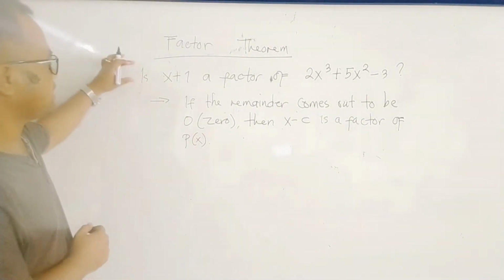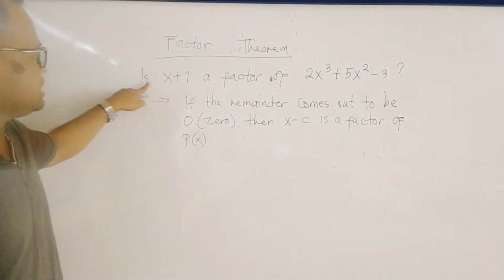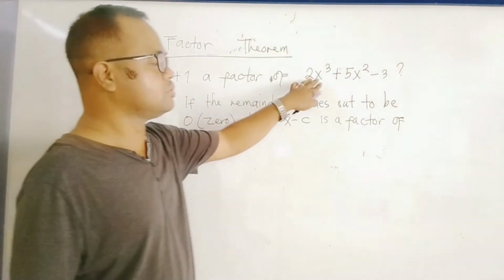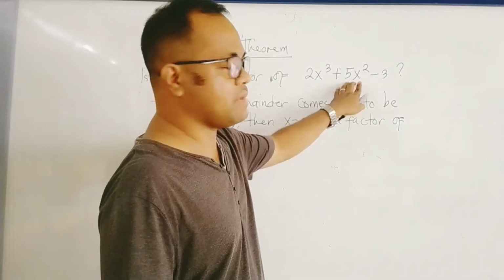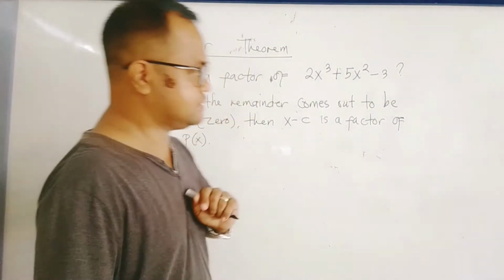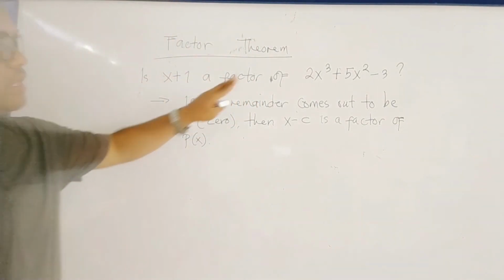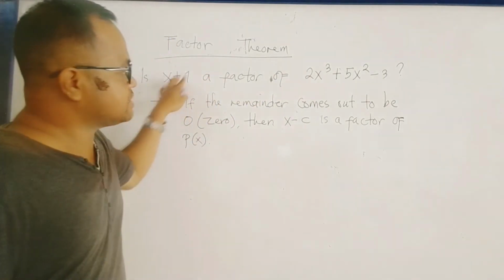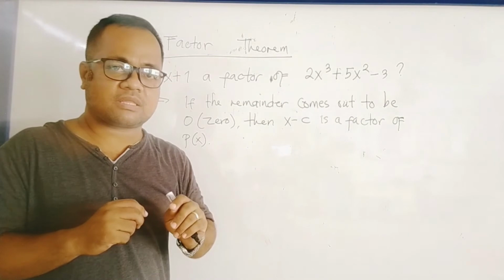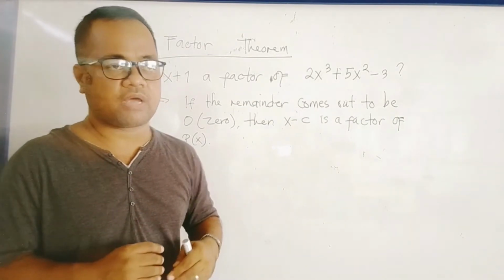Okay, so let us have this question. Is x plus 1 a factor of 2x cubed plus 5x squared minus 3? Okay. So, to determine whether this x plus 1 is a factor of this, we need to use the remainder theorem.